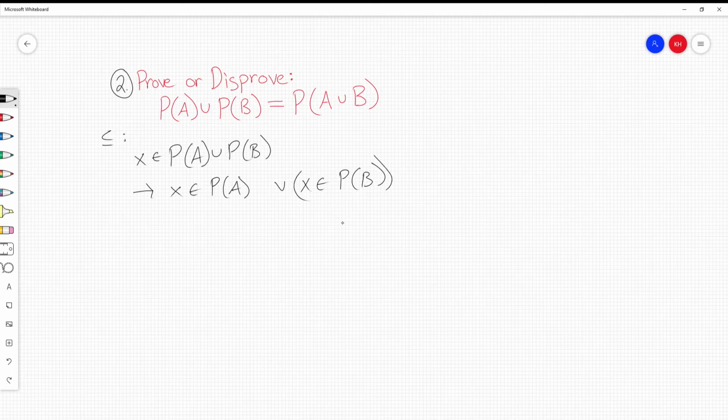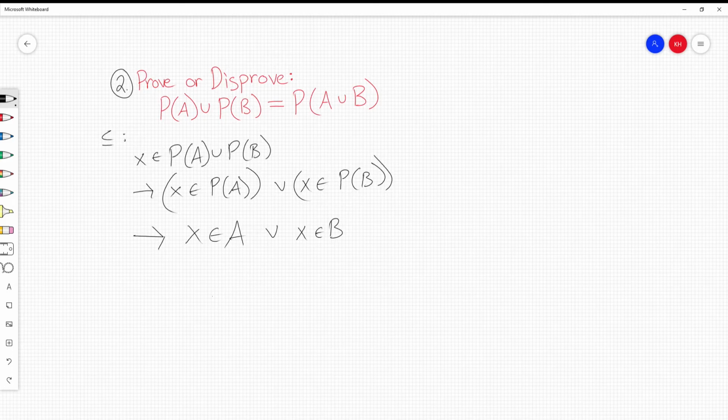Now, one quick note is that this is wrong: you cannot say X is an element of A or X is an element of B, because you're getting all permutations possible. You could easily have the empty set, or other sets.